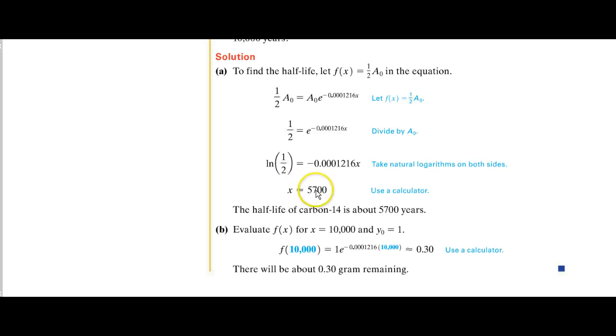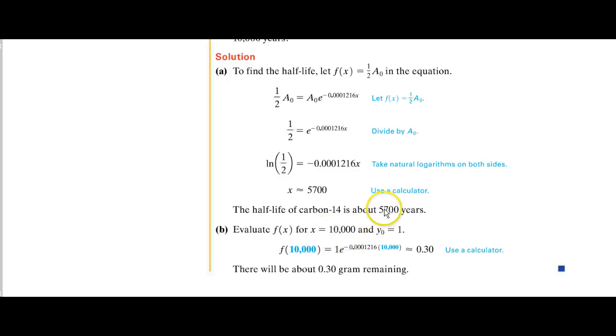That's what half-life is. So here they want us to evaluate this for a 1 there. I got a little carried away here. There's the half-life. Now in letter B, suppose you had 1 gram. How much of it would be left then after 10,000 years?